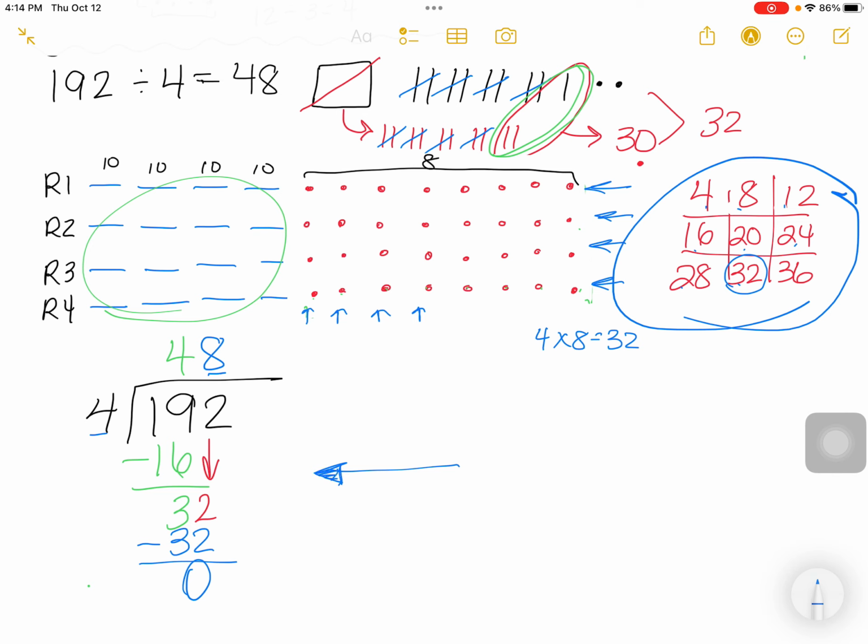I wanted to make this video in case your child is really struggling with memorizing the steps to the algorithm. It can help to take a step back and show them that you are starting in the hundreds and then working your way to the tens and to the ones until all values have been distributed as evenly as possible.